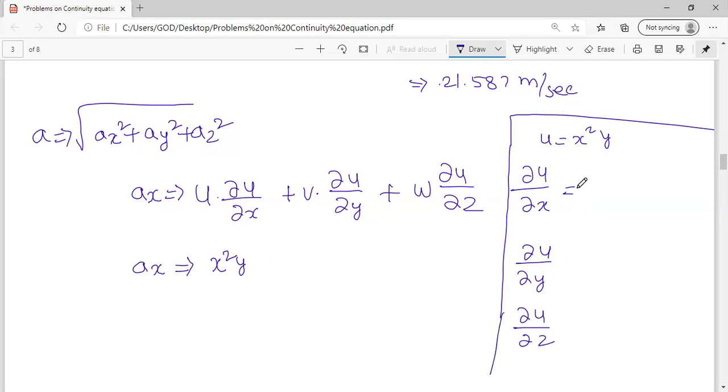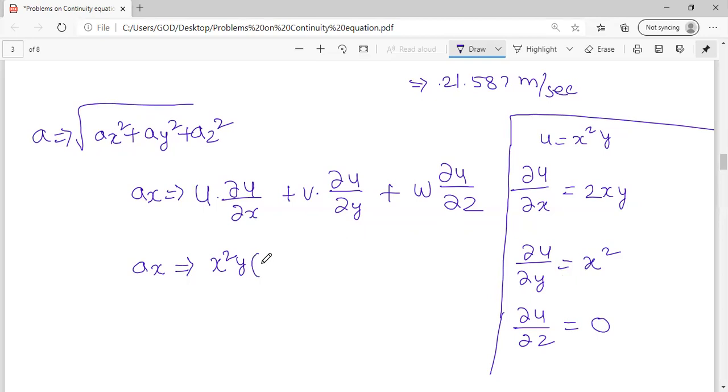So I'll write dou u by dou x. There is an x component, so it is 2xy. This is the differentiation along x. Differentiation along y comes out to be x squared. There is no z term, so the differentiation along z is 0.